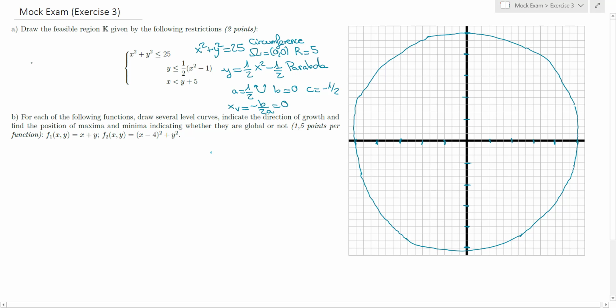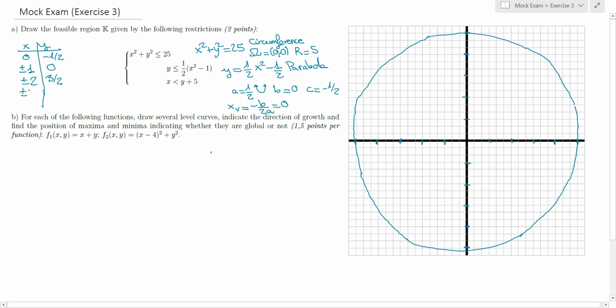So let's do a table for this parabola. When x is 0, y is minus 1/2. Whenever x is plus or minus 1, y is 0, and when it is plus or minus 2, this is 4 over 2 minus 1/2, which is 3 halves.